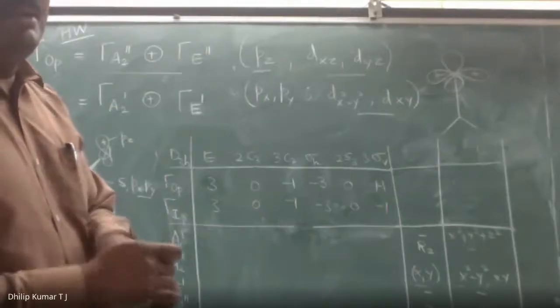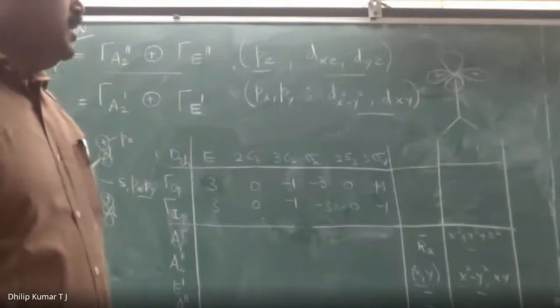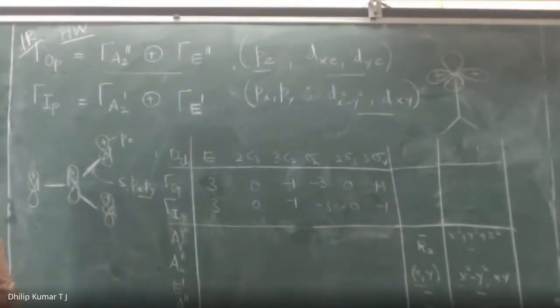Sir, I have one more confusion regarding the group multiplication table, and I have sent a mail to you regarding that also. You have sent a mail about the C3V multiplication table. Yes, sir. I will work it out and send it to you. Okay. Yes. We have the solved solution. That should be fine.